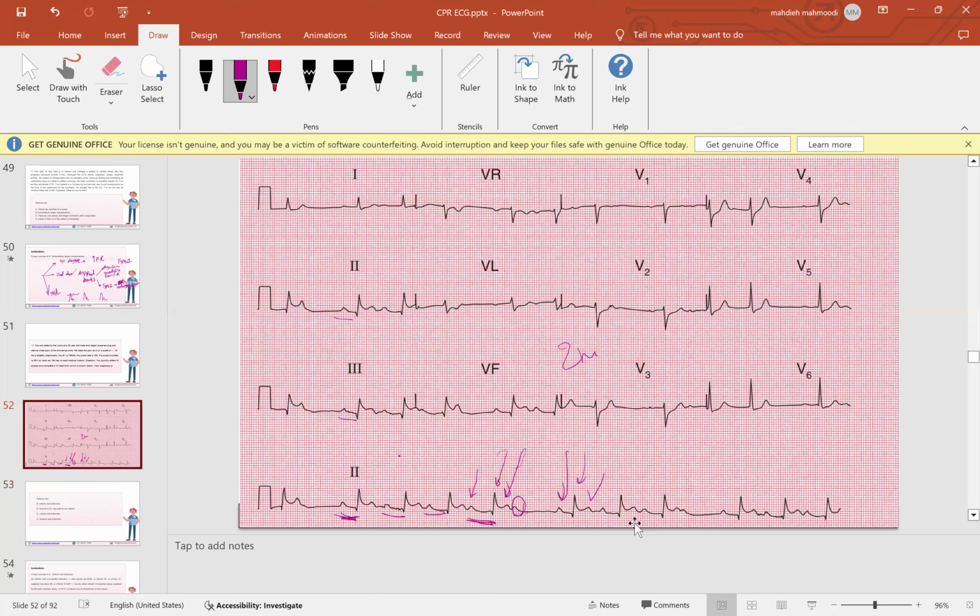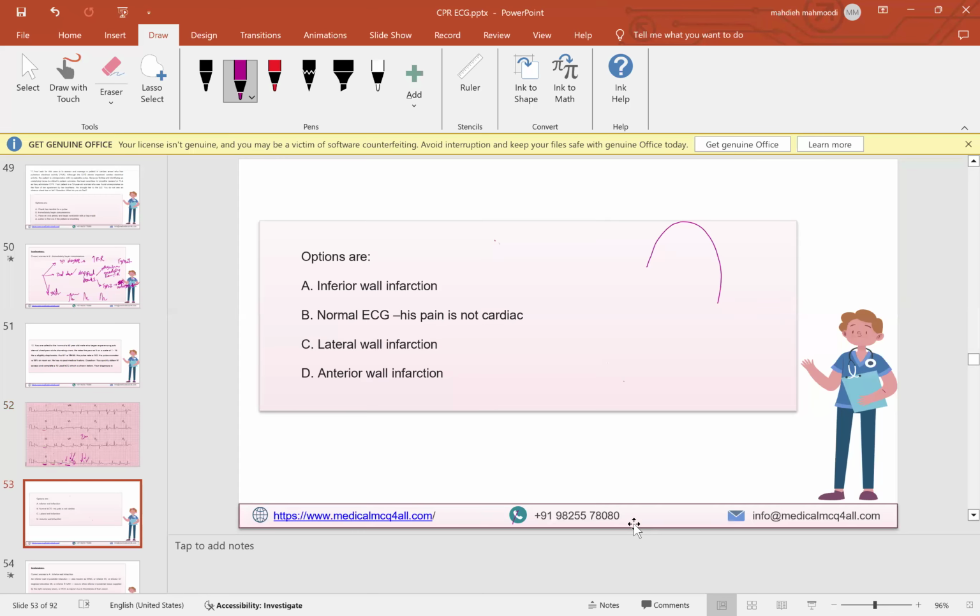Yeah, so you know that in inferior wall MI, this is your heart, it's lying like this. This is the SA node, this is the AV node. So in inferior wall MI, having AV node blocks is common. It depends technically on which type of block we are talking about.